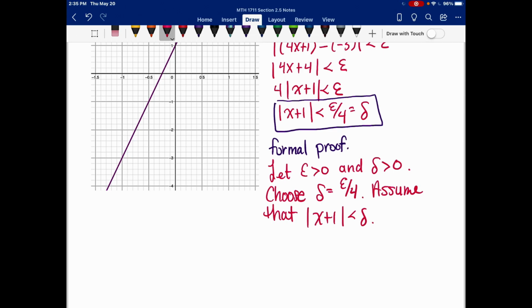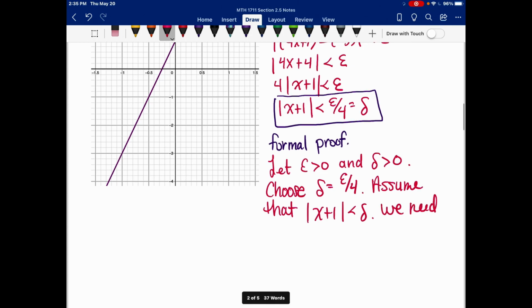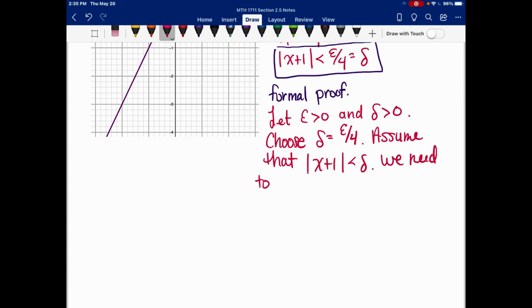We need to show that because the absolute value of x plus 1 is less than delta, we need to show that 4x plus 1 minus 3 inside those absolute values, we need to show that the difference between the value of the function and the limit is less than epsilon.